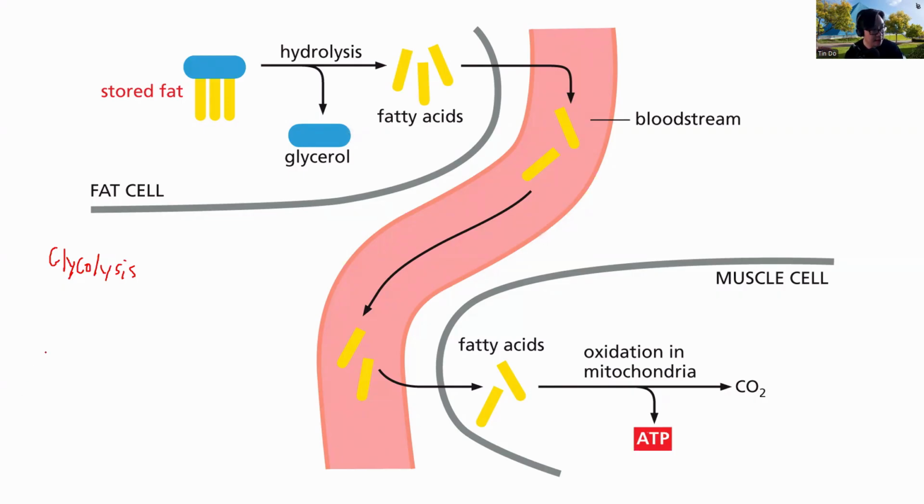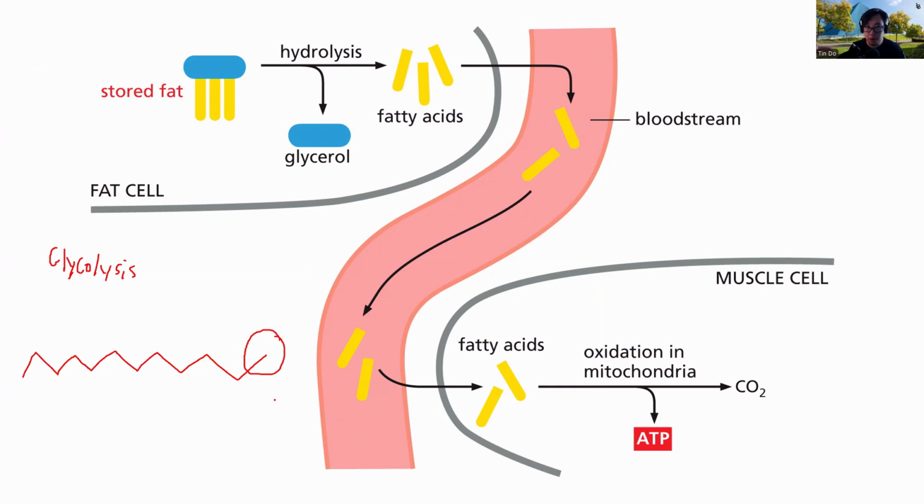Now, our fatty acids are long chains of hydrocarbons. And we have a process called beta oxidation where we take two carbons off the chain each time, attach an acetyl CoA to it, and inject it into the mitochondria to perform cellular respiration.